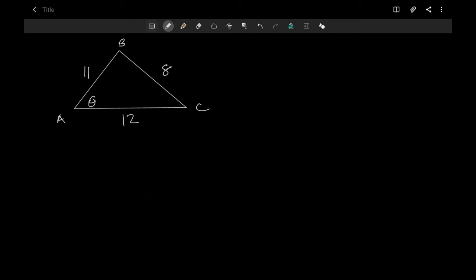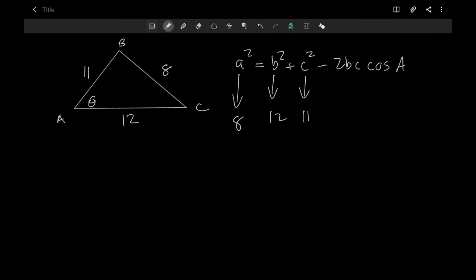In this example, we're given a triangle ABC with the lengths of all three sides, and we've been asked to calculate the angle. Once again, we write the cosine rule, which is a squared is equal to b squared plus c squared minus 2bc cos A. In this case, a is 8, b is 12, c is 11, and capital A, the angle, is theta.